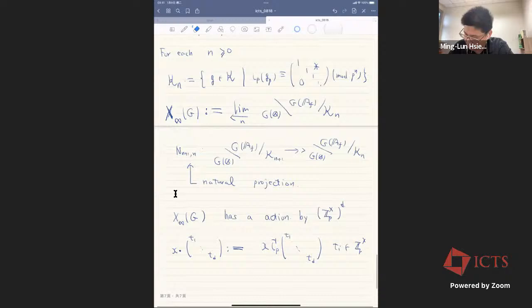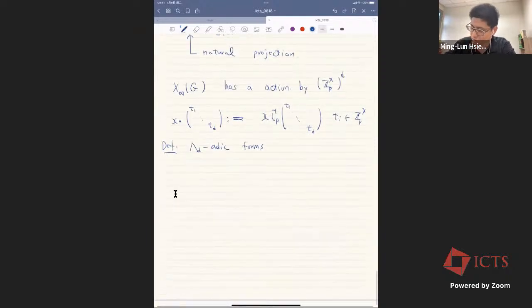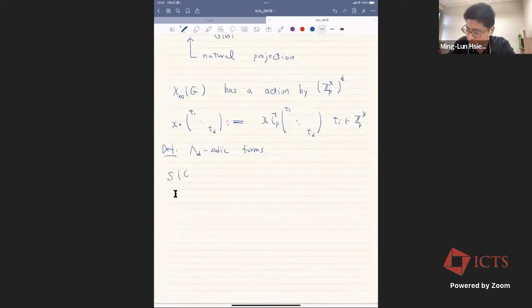Okay, and then I can introduce nearly ordinary forms on this space. So this is the definition of nearly ordinary forms. This is the space of all functions f from this profinite set to Λ_D, and I require it to be continuous with respect to profinite topologies on both sides.